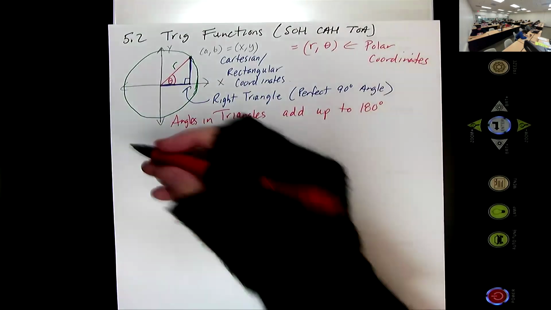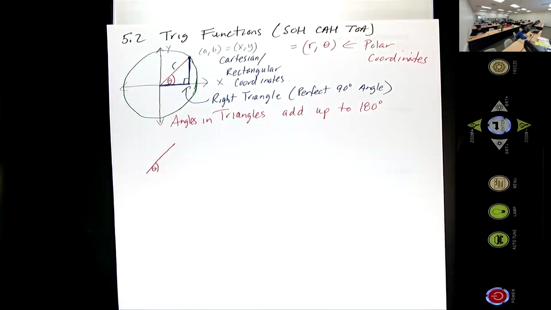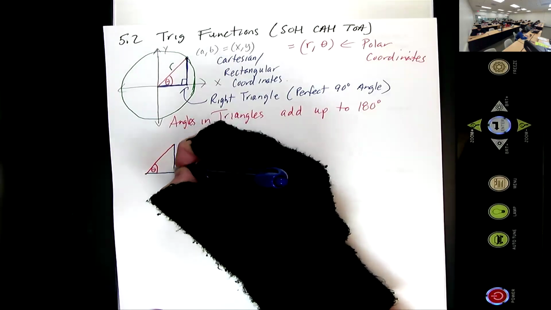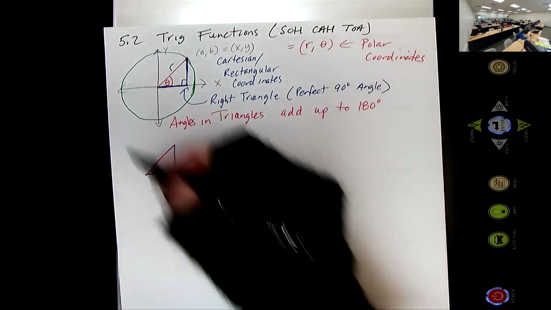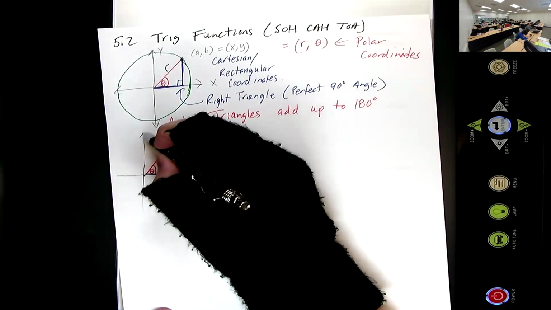Let me redraw that triangle right here without the circle line, with the X and Y axis on there just to show it.